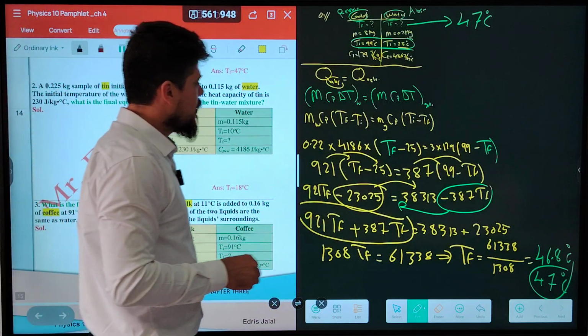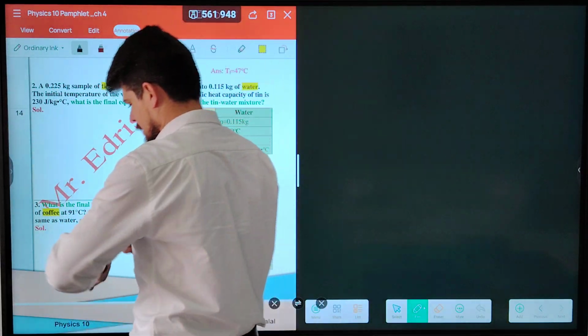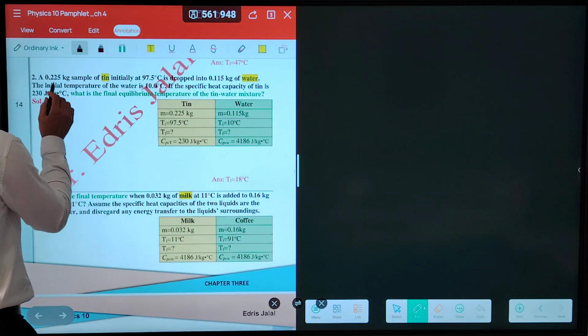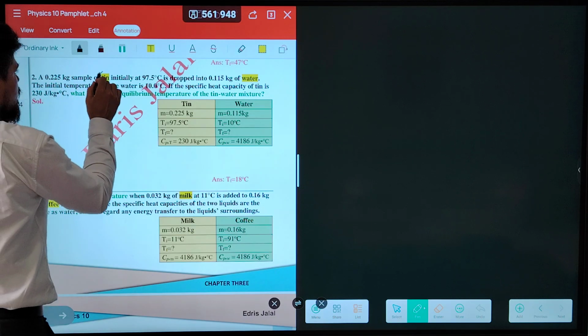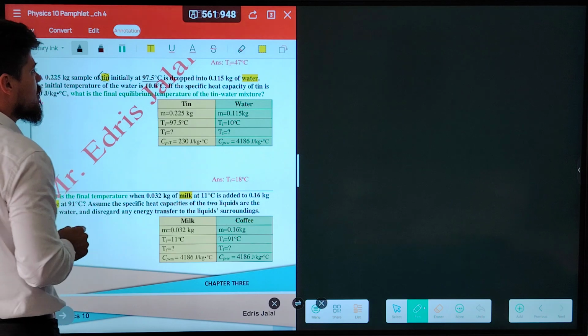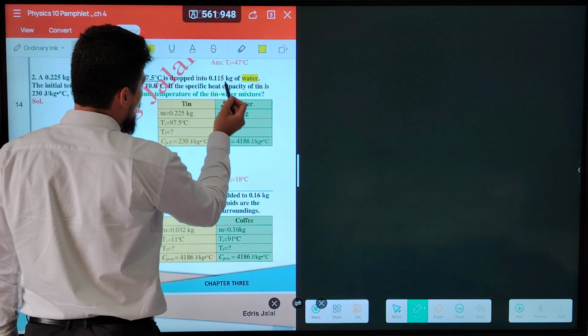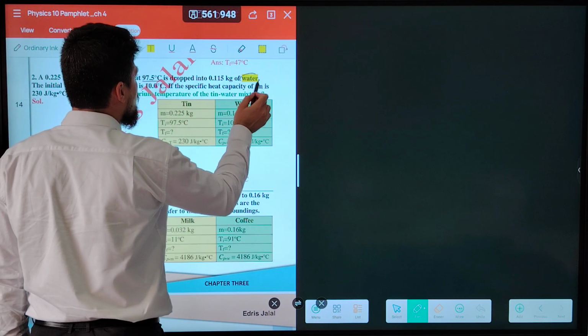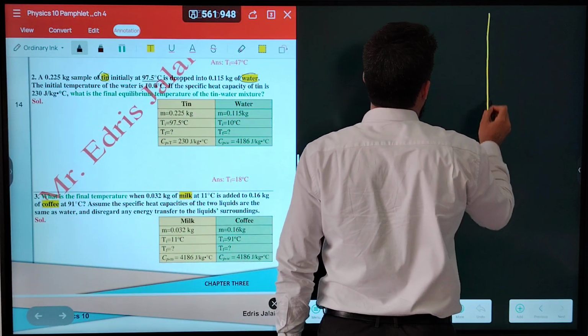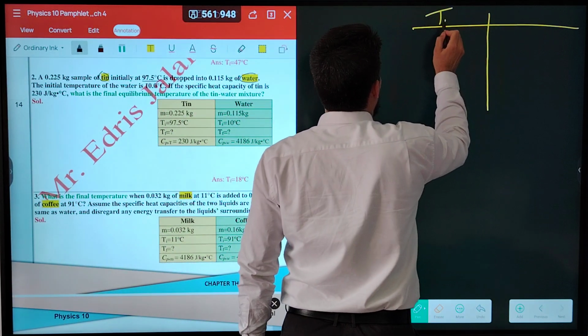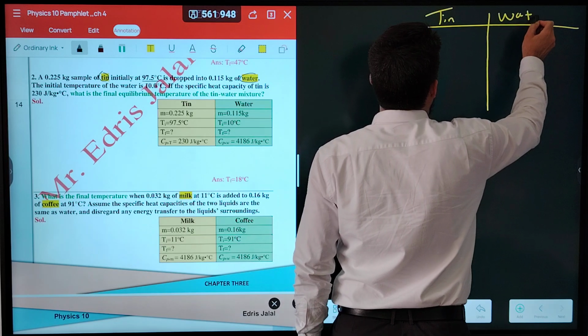Guys, question 2, look at question 2. A 0.225 kilogram sample of tin. This is the first substance, initially 97.5 Celsius, is dropped into 0.115 kilogram of water. How many substances do we have? 2. We have 2 substances, okay? Tin and water.